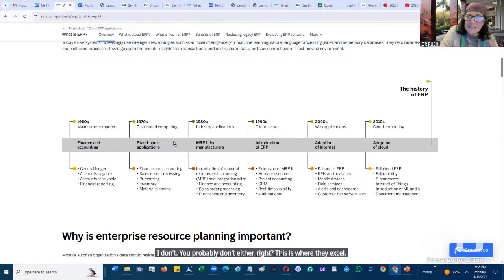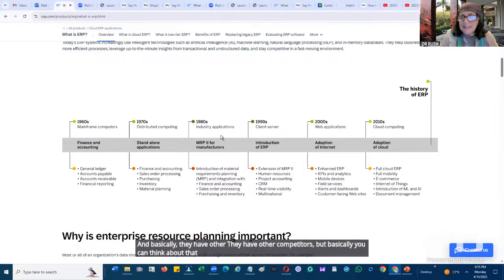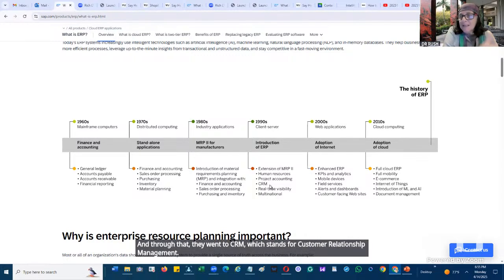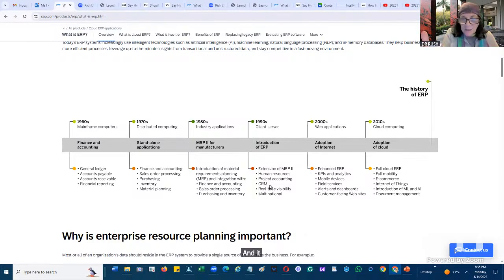And basically, they have other competitors, but you can think about this is kind of how it went. And through that, they went to CRM, which stands for Customer Relationship Management. And it's basically dealing with all my customers, right?